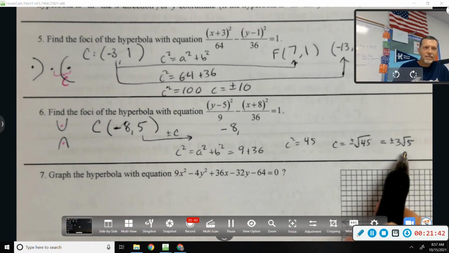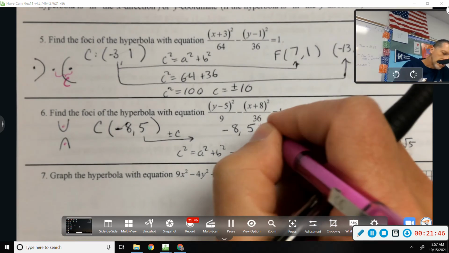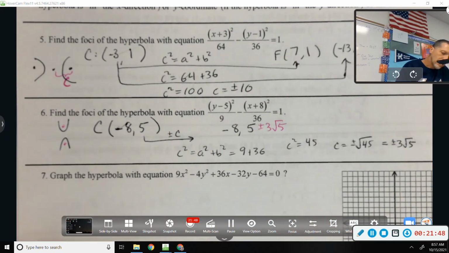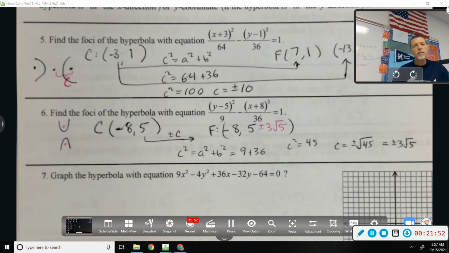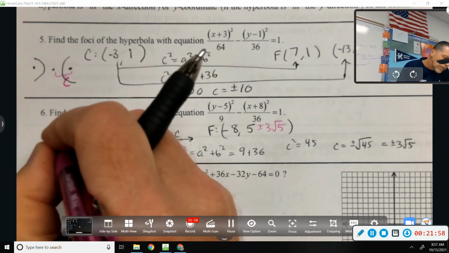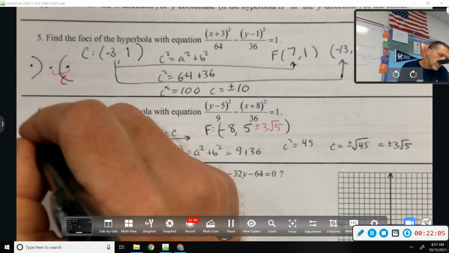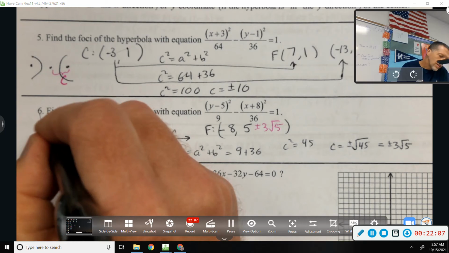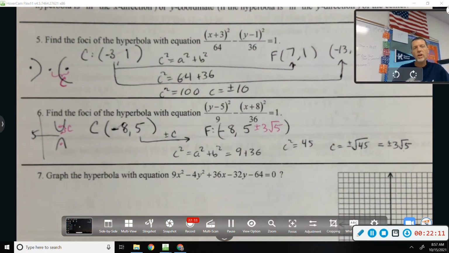No, 5 plus or minus 3 root 5. I have to start with 5 and then plus or minus 3 root 5 for my foci, because that distance from center to focus is equal to c. I was already up at 5.